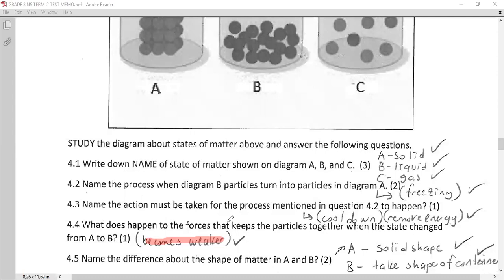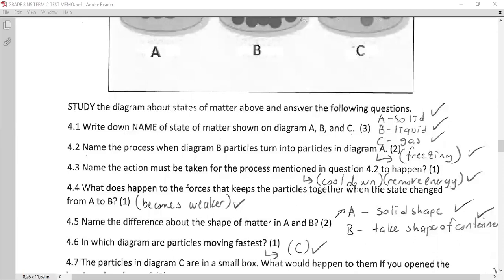If you say it melts, it is a physical change. I'm not asking you for the physical change from A to B. I'm asking what happens to the forces when the state change happens, okay? So you answered another question. That's not 4.4. You must be careful when you answer the question. So you got 0 marks for this if you say melts.